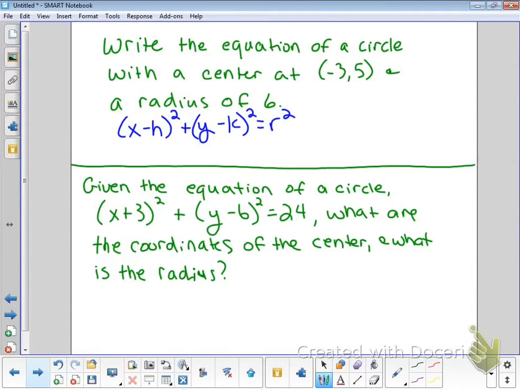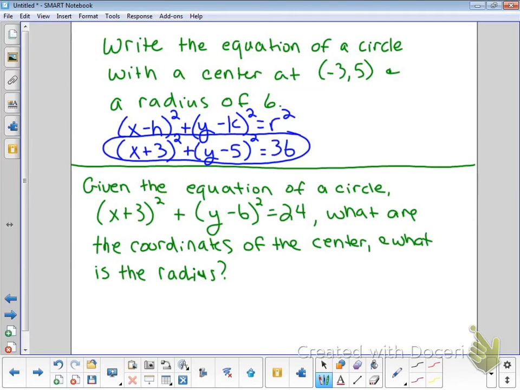So we simply plug in the opposite of each of the centers. So x plus 3, it was -3, so we change it to +3, plus y, it was +5, we change it to -5, equals 6 squared, which of course we know that 6 squared is 36. That is your answer.